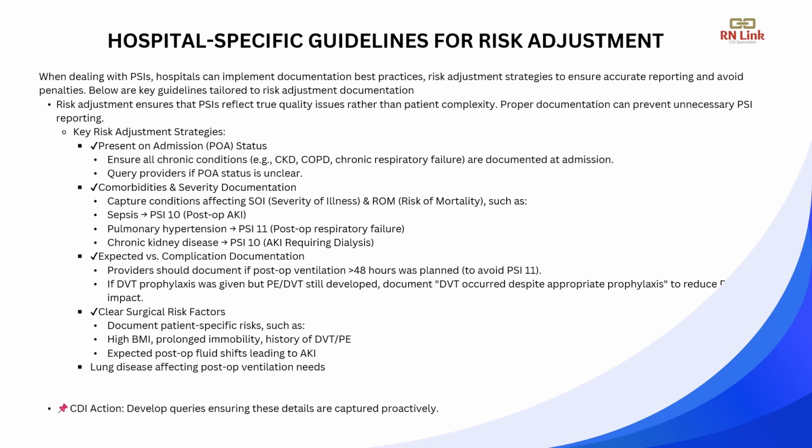Proper documentation can prevent unnecessary PSI reporting. Key risk adjustment strategies are: 1. Present on admission status. Ensure all chronic conditions, examples are CKD, COPD, chronic respiratory failure, are documented at admission. Query providers if POA status is unclear.